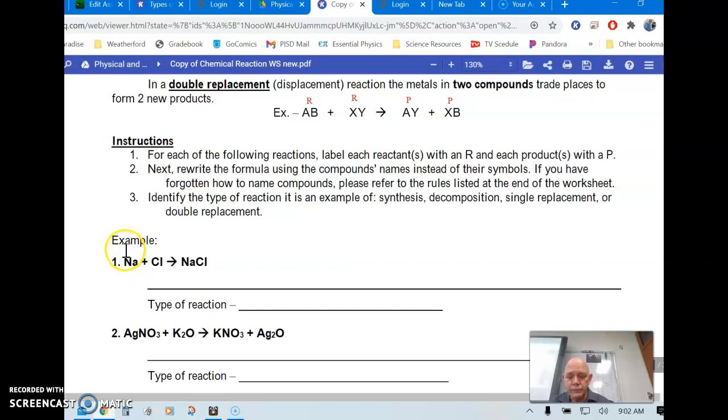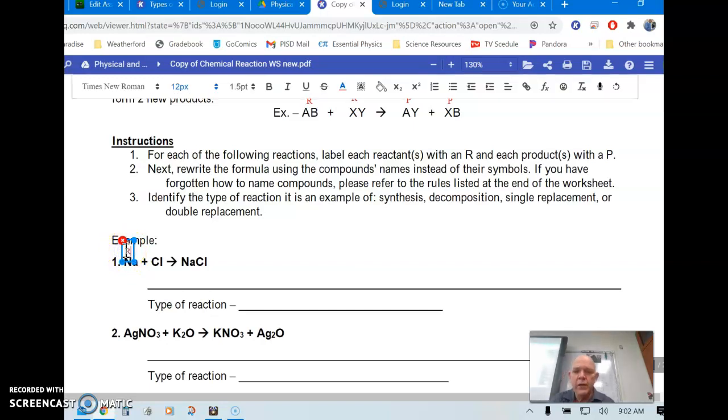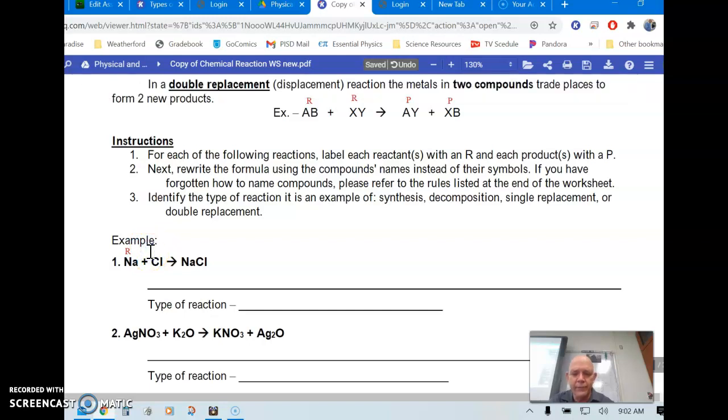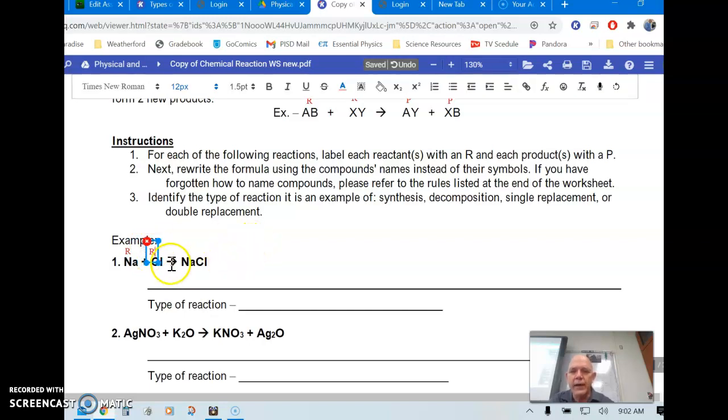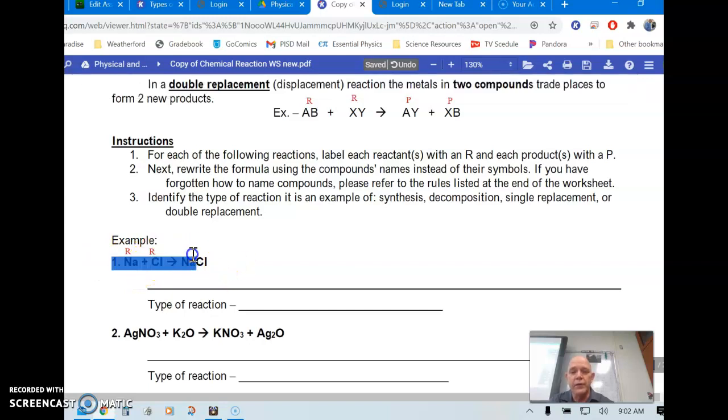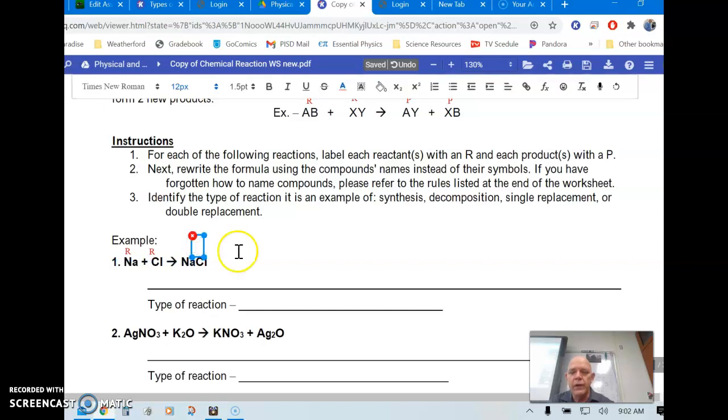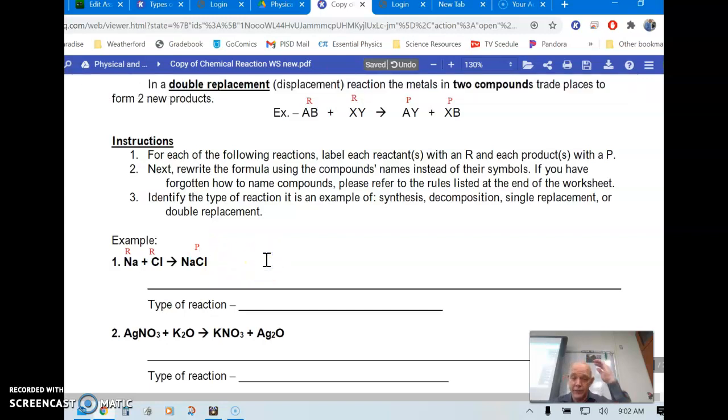So the first thing I would do is put your reactants and your products. Anything on the left side of the arrow is going to be a reactant. If there's a plus sign between them, then there are two separate ones. If there is no plus sign, for example, if we look over here on the right side of the arrow, that's going to be the products, and there's no plus between the NaCl, so that means they have joined together.